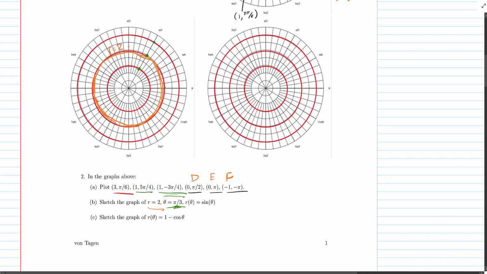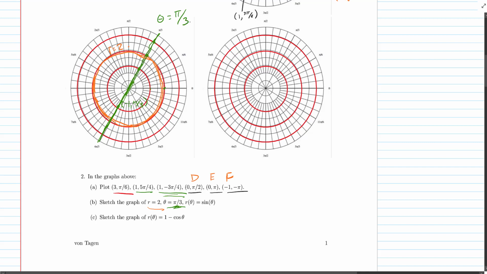We could even go out 1, rotate up pi over 3, and then multiply that result by -1 to give us the coordinates -1 comma pi over 3. And you'll notice that all of these points are lying along a line, and sure enough, that is the graph of theta equals pi over 3. So a line in the polar coordinate system is just given by an angle.